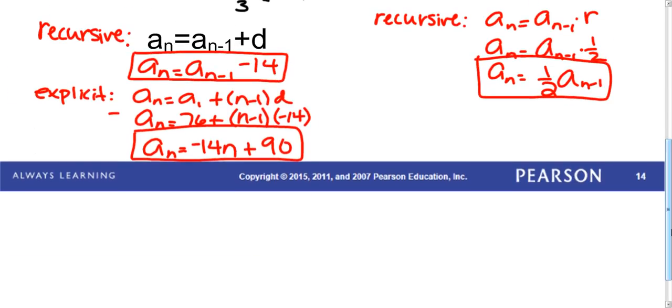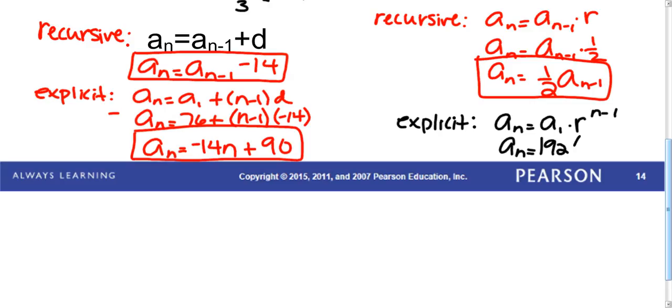And then lastly, let's do explicit for that. Your explicit formula goes a_1 times r to the n minus 1, which in this case, my first term was 192. My r was 1/2 to the n minus 1. Okay, and that's what that should look like, and that is that lesson.